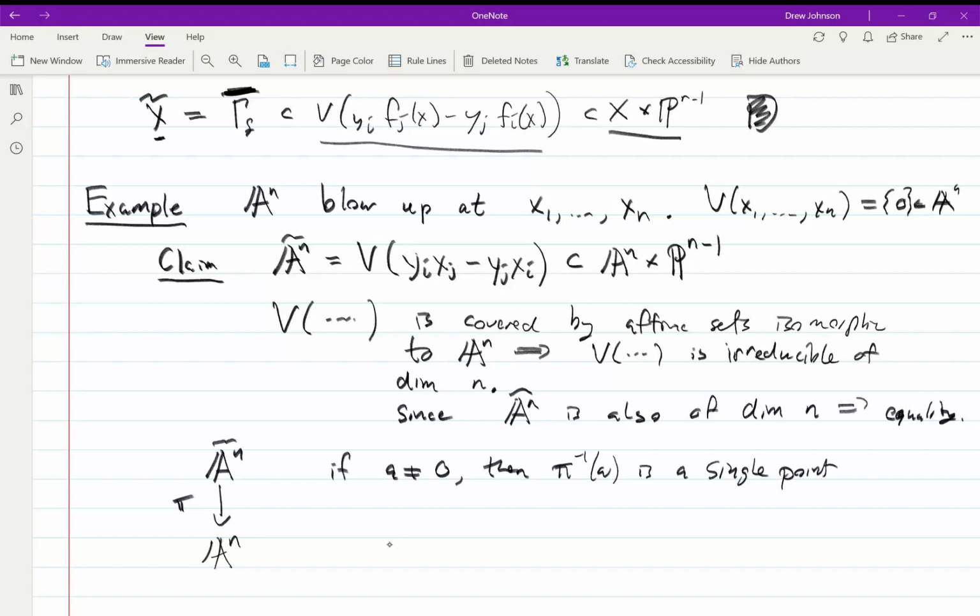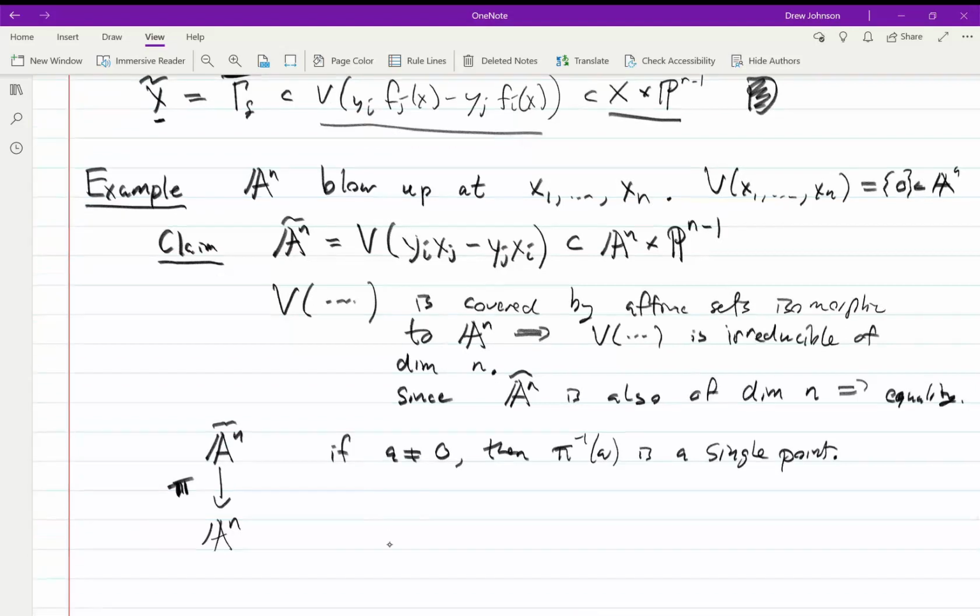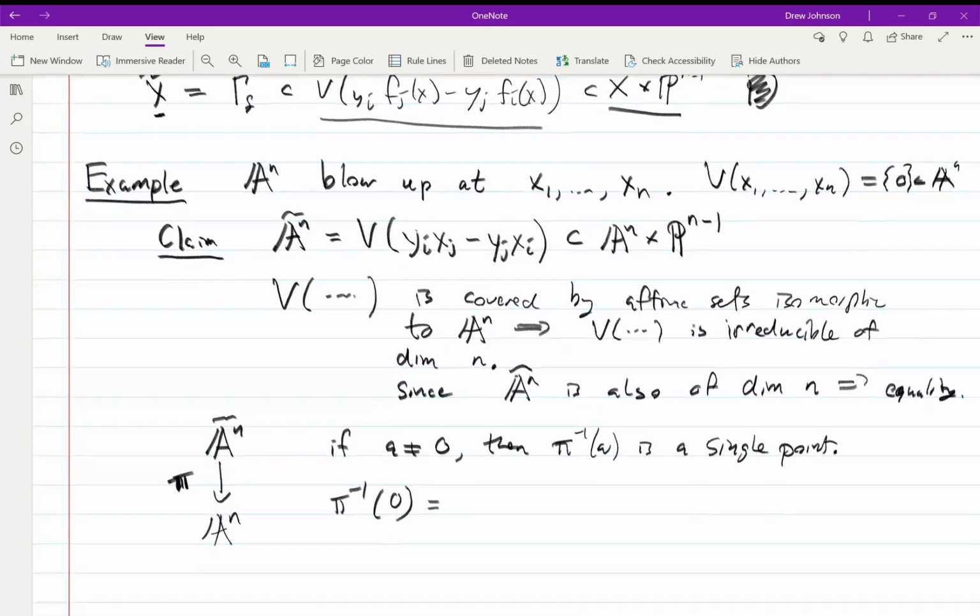Why? Because away from the origin, this map pi is just an isomorphism, right? So we talked about that, and we basically proved that in general. So yeah, pi is an isomorphism away from the origin. So the interesting case now is what is pi inverse of 0. All right, so let's look at that.